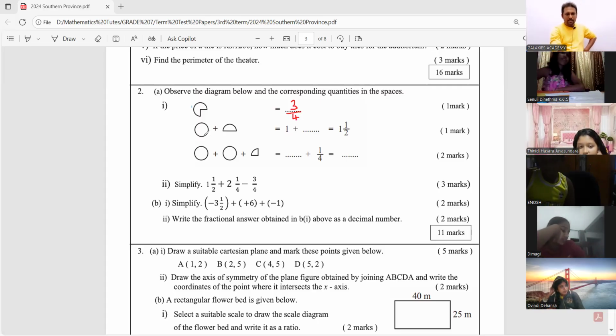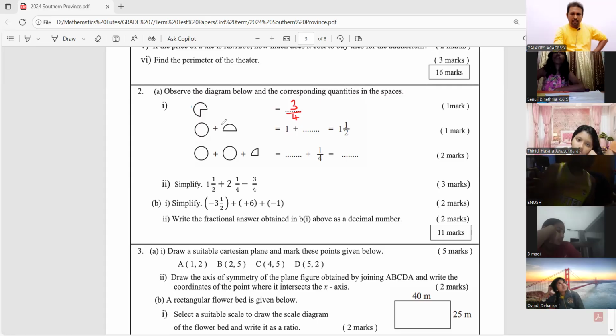Then you can see here a circle and another, which part of a circle here? It is a half of the circle, no? It is a half.